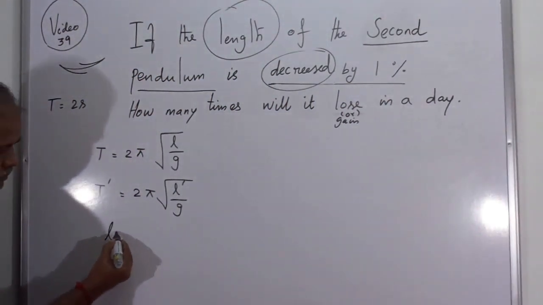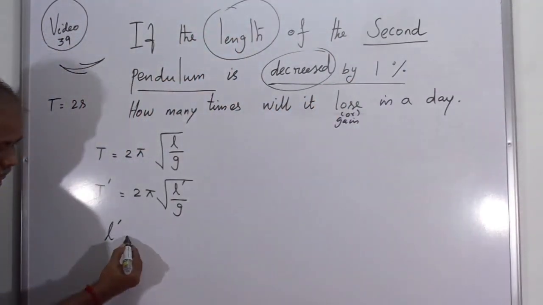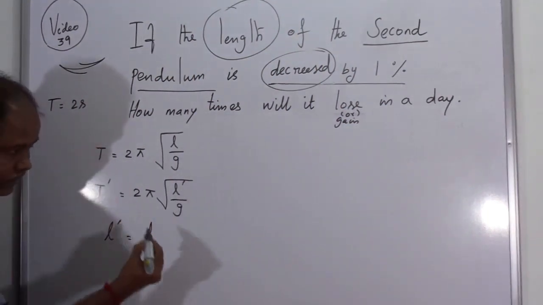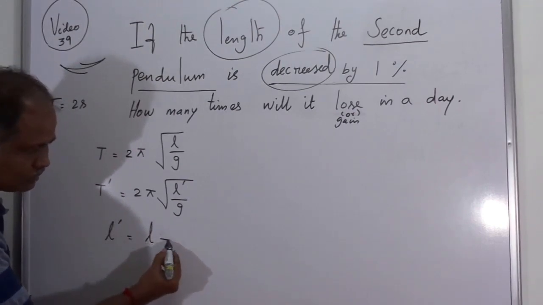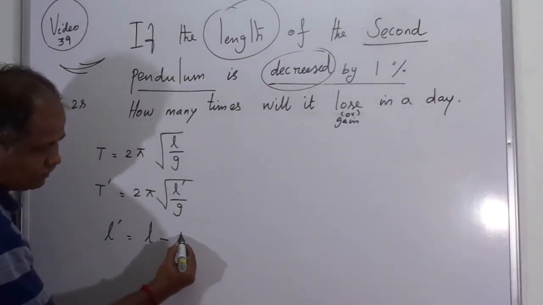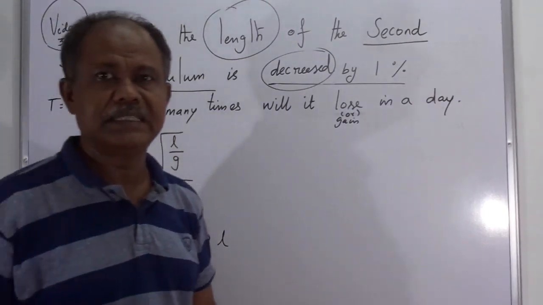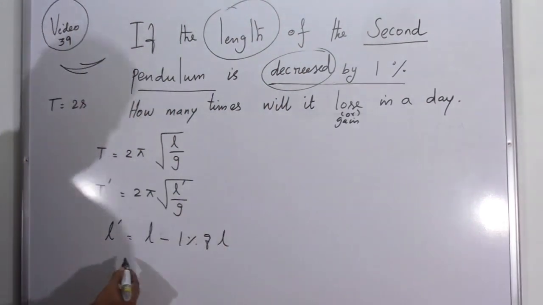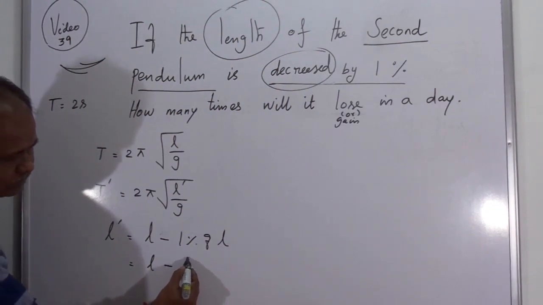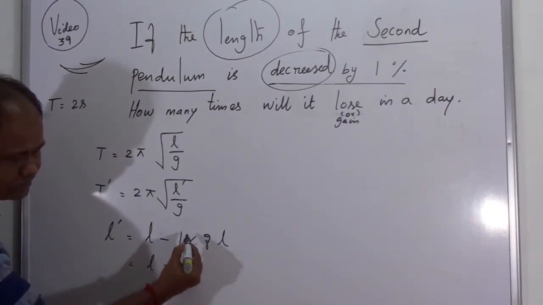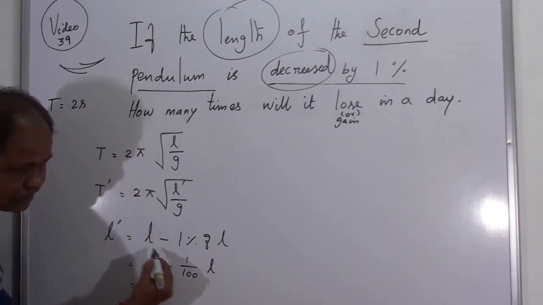What is L dash? Decreased by 1% is nothing but the original length L minus 1% of L. That is L minus 1 by 100 into L. Just take L common.